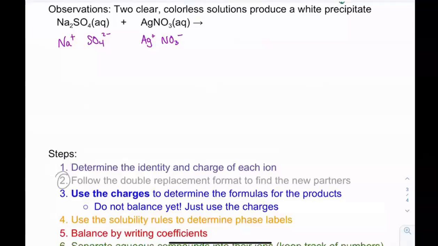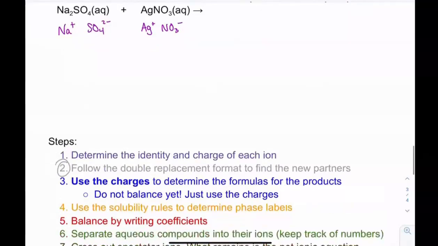So I'm going to move on to step number 2, and that is to follow the double replacement format. Remember that the format for double replacement is that the ions in 2 ionic compounds switch partners. So the positive ion from 1 pairs up with the negative ion from the other.